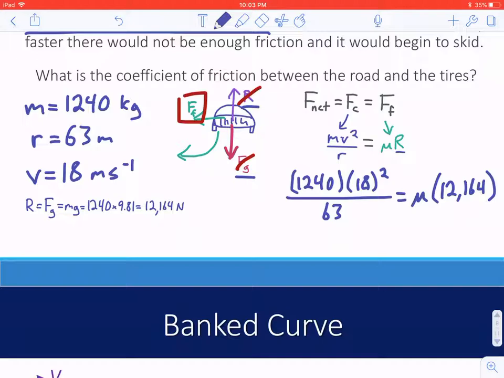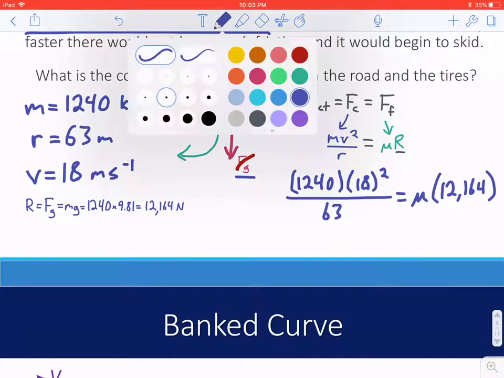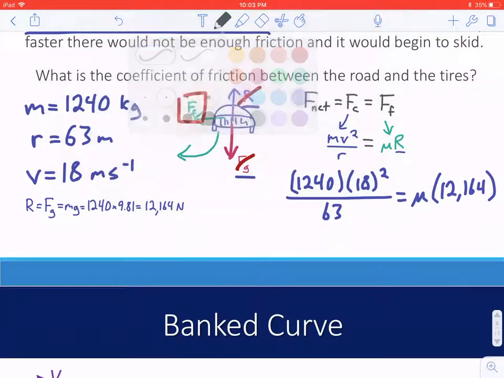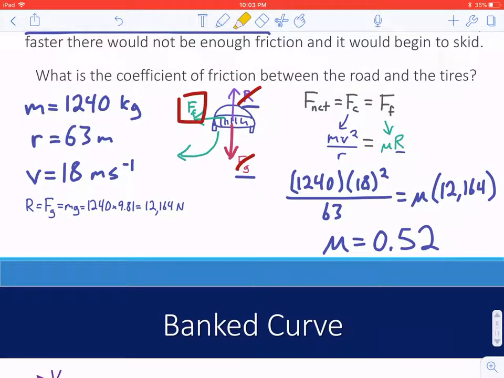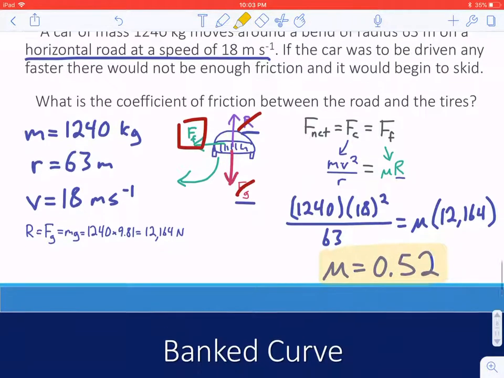When you plug all of that in and solve for mu, you will find that mu, your coefficient of friction keeping you on the road, has to be 0.52. And again, it's a unitless number because it is a coefficient.